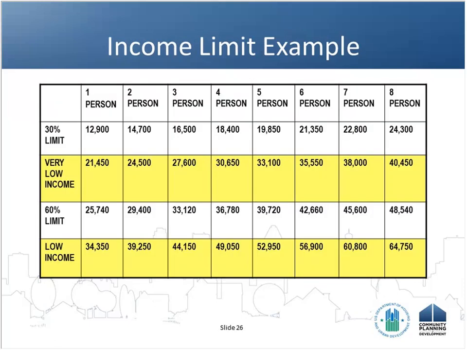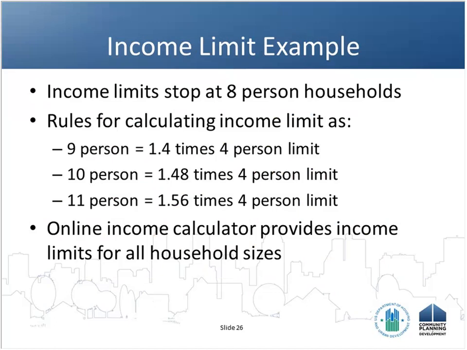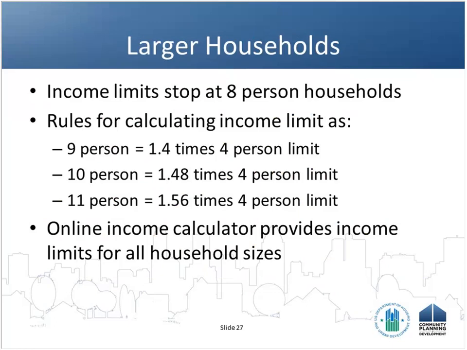Essentially, the income limits are provided based on number of persons in that household, and they're broken out by our different categories. So 30%, very low is 50%, the 60%, and then low income, which is our 80% area median income. These are not something you have to calculate yourself. These are provided to you by HUD on an annual basis.